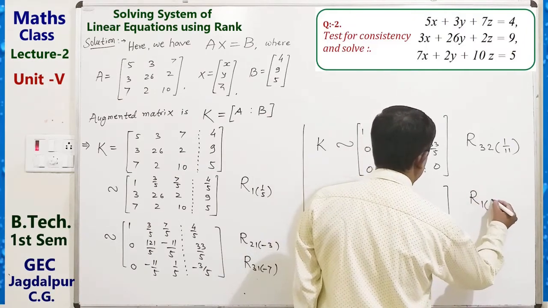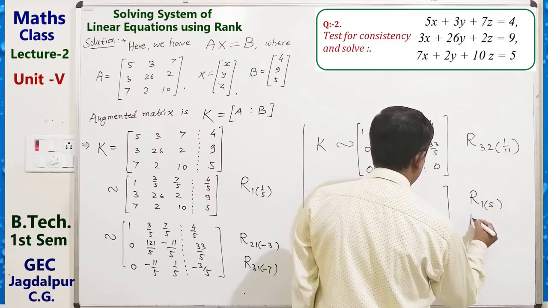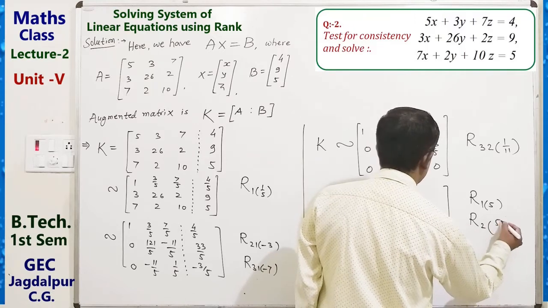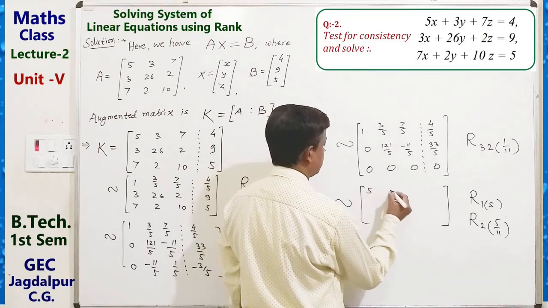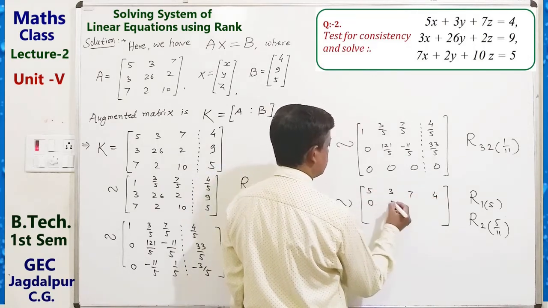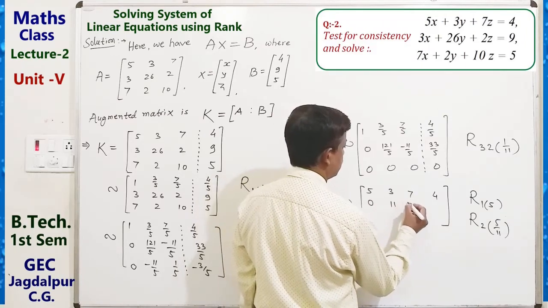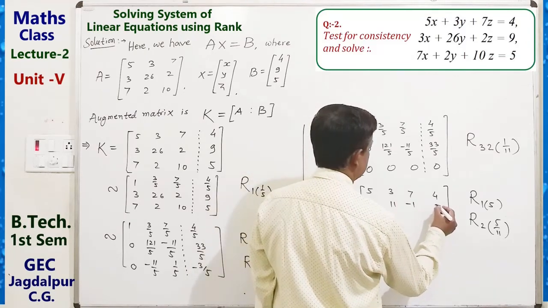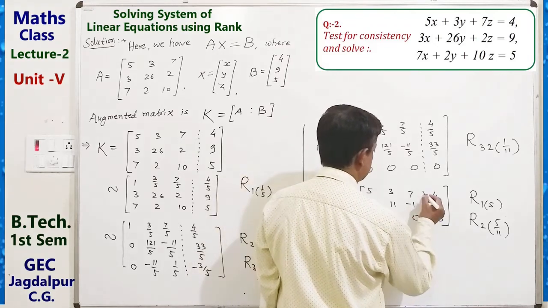R1 multiplied by 5 and R2 multiplied by 5 by 11. So we can get 5, 3, 7, 4, 0, 11, minus 1, 3, 0, 0, 0, 0.